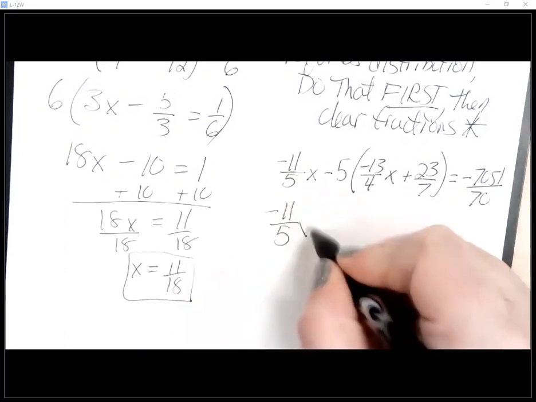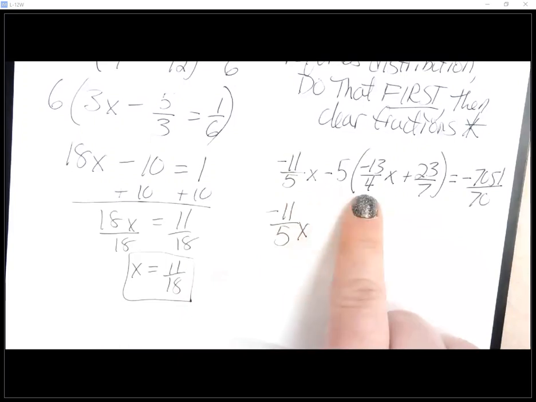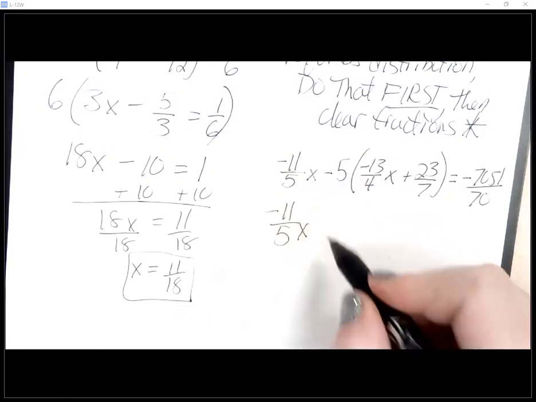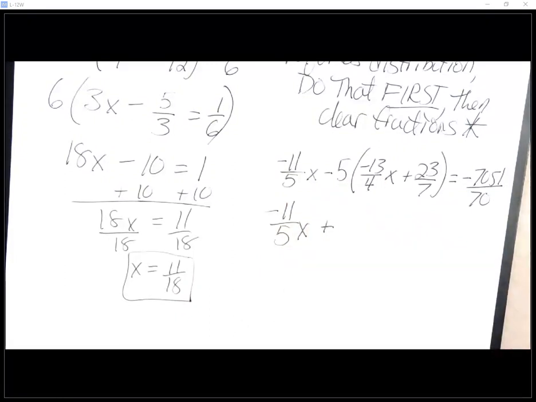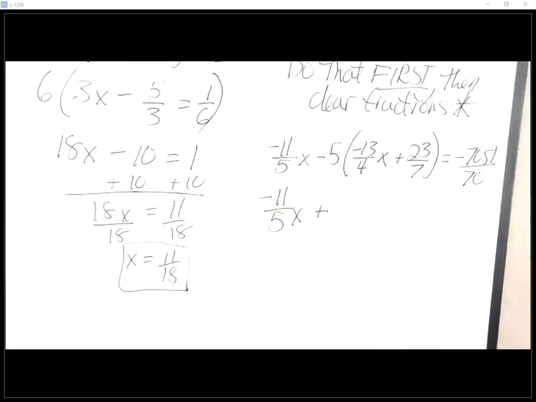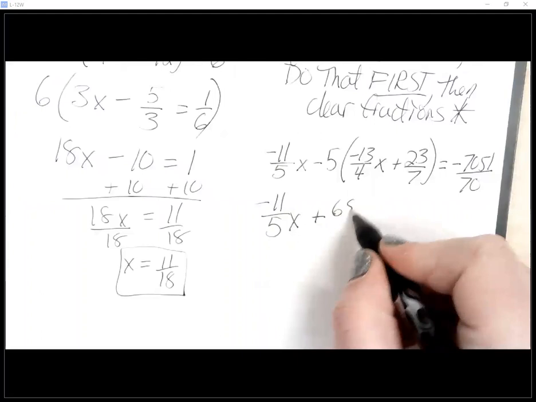I need to distribute that 5 into this. I can't reduce the 5 and the 4, so I'm just multiplying the 5 and the 13. Negative times a negative is going to be a positive. So 5 times 13 is 65. So I get a 65/4 x.